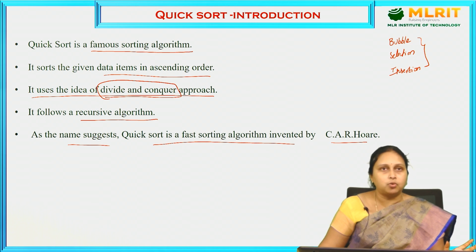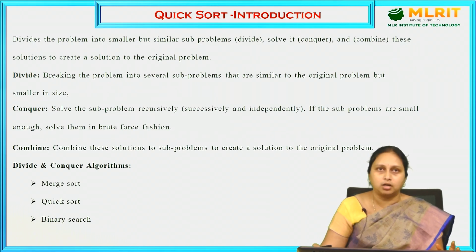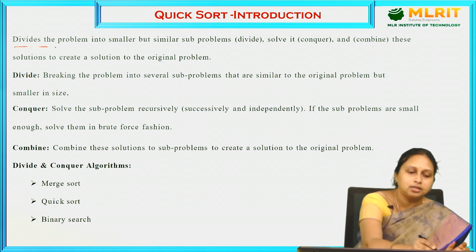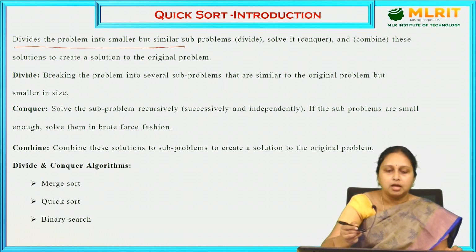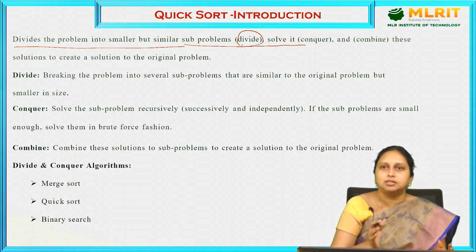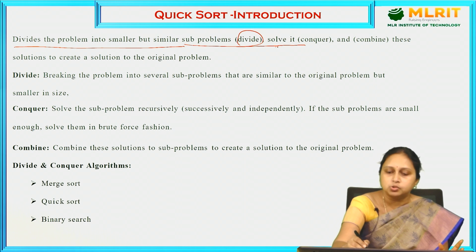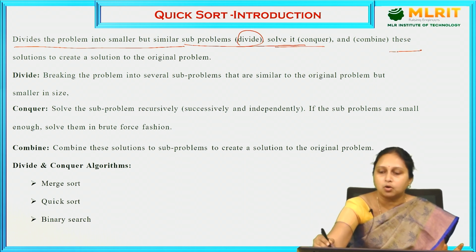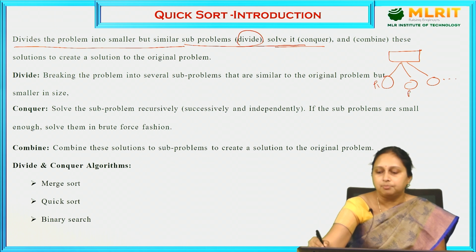Let us go for what is this divide and conquer. Divide is nothing but dividing the given problem into smaller sub problems. We have a big or complex problem that is going to be divided into sub problems, P1, P2, P3.